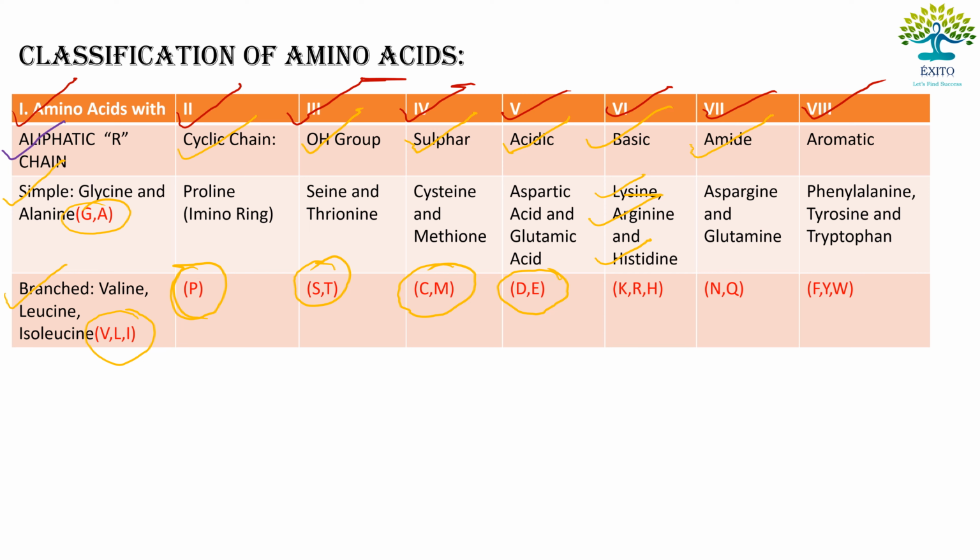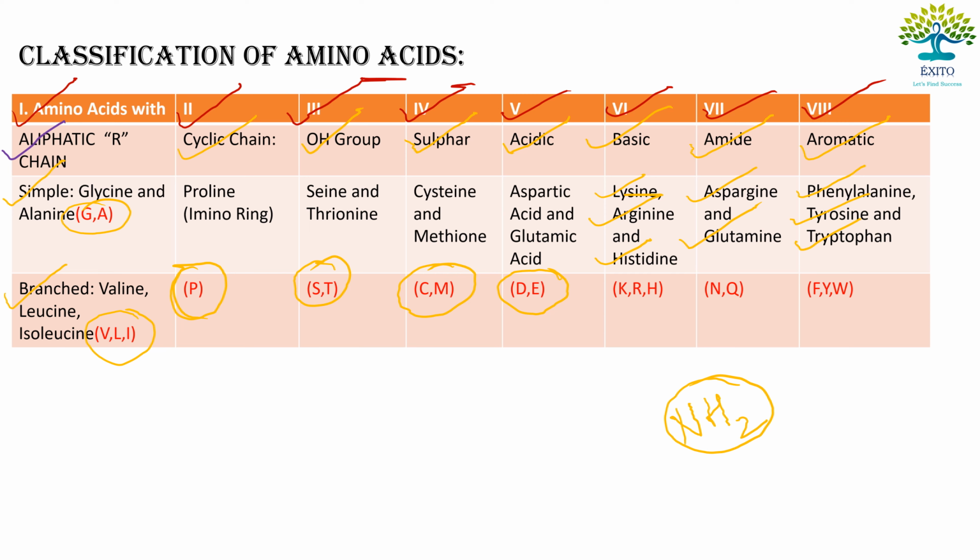Next are the amide containing amino acids, with the NH2 group: asparagine and glutamine. The last one is the aromatic amino acids, which have aromatic structures. These are large structured amino acids, namely phenylalanine, tyrosine and tryptophan.